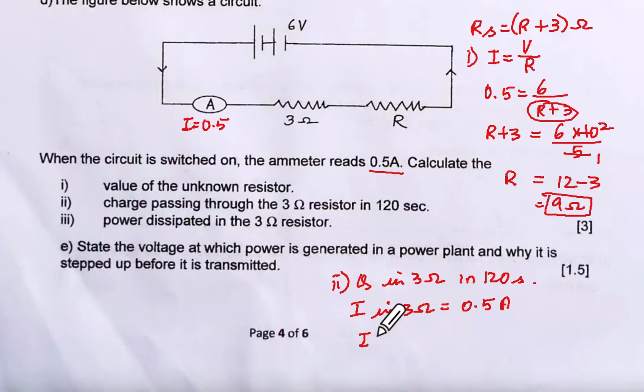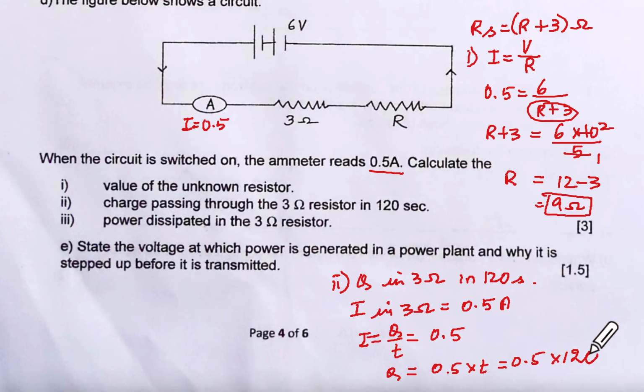Now I know that I is equal to Q upon T, which is 0.5 ampere. So Q is equal to 0.5 multiplied by T, meaning 0.5 into 120 seconds. Understanding? So that is 5 into 12, meaning how much? 60 coulombs. Understanding?